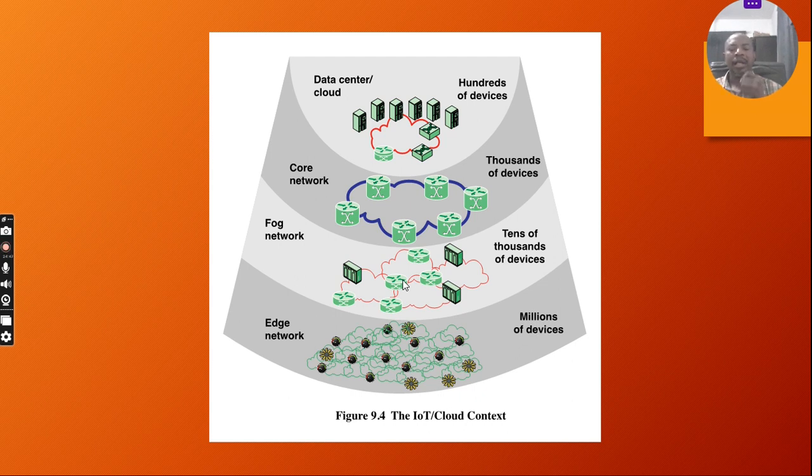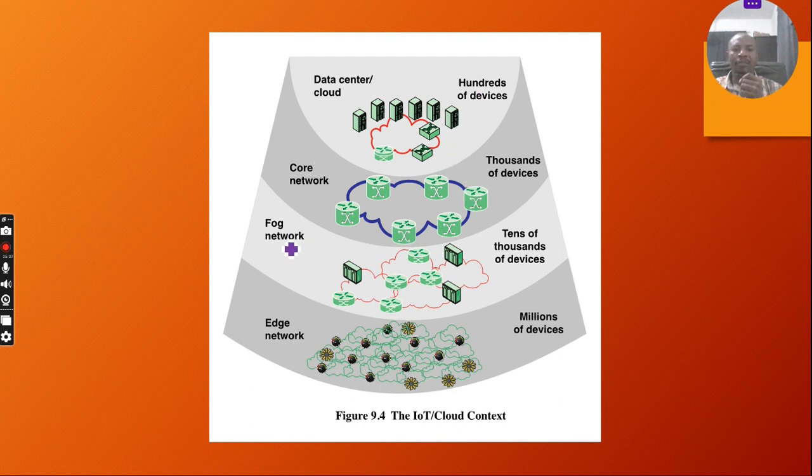Now here is the ecosystem, the Internet of Things cloud context. Here we have what we call the data center cloud. Here it's about the cloud and the routers and so on, where you have hundreds of devices. After this, we have a core network, which has thousands of devices connected to the core network that route to the cloud.